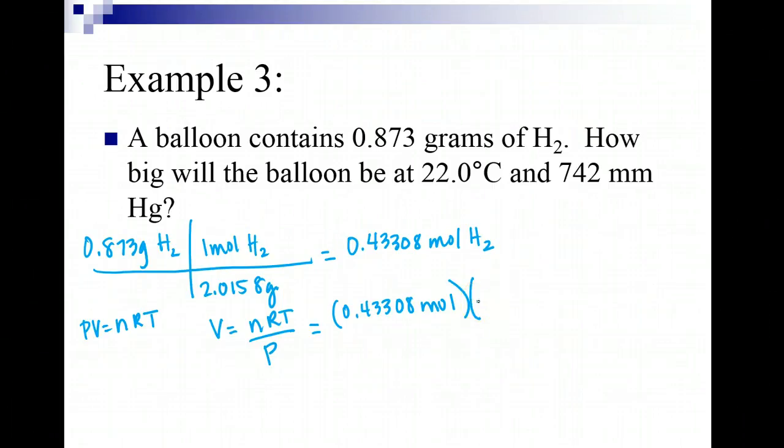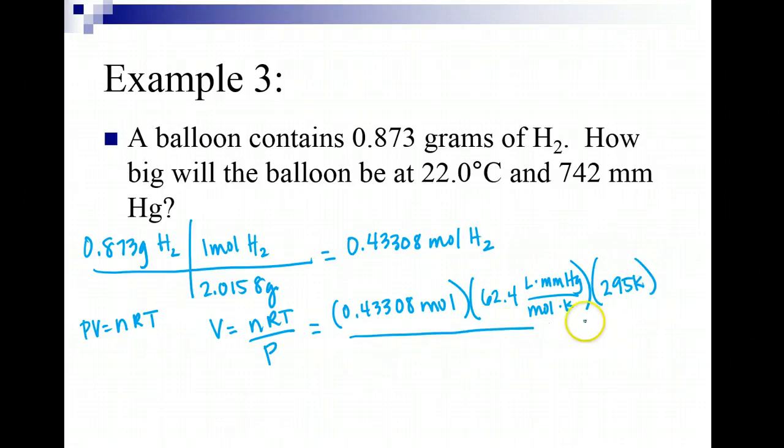R, now this time we have to use the R that includes millimeters of mercury for the pressure, and that value is 62.4 liters times millimeters of mercury over moles Kelvin. Our temperature, now 22 Celsius, remember you have to add 273 to convert it to Kelvin, so we have 295 Kelvin. And then our pressure is 742 millimeters of mercury.